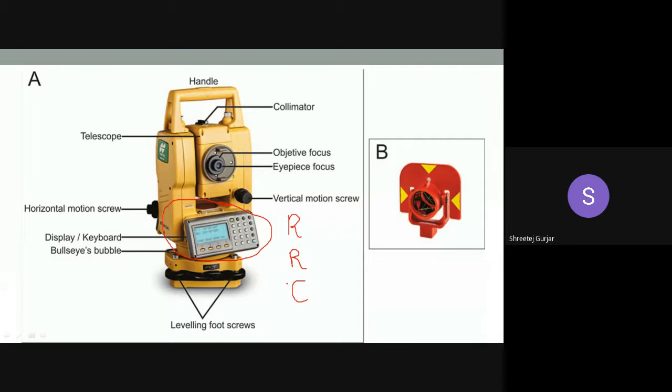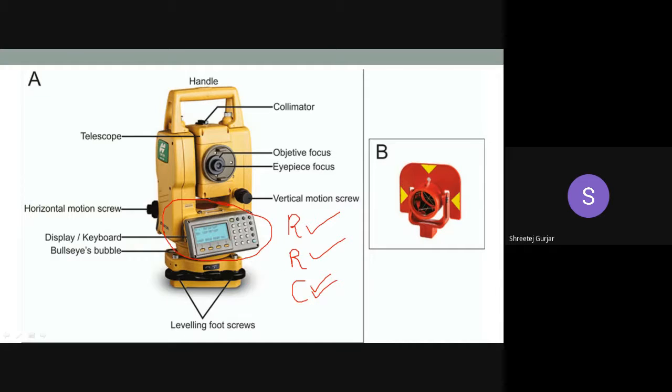It will not just measure the distances, it will measure the angles, the horizontal angle, the zenith angle, and the slope distance. From these values, it will calculate the horizontal distance, the vertical distance, and the height of the object. All these things it will calculate. So those calculations are done by the microprocessor, which handles the recording, reading, and computations.